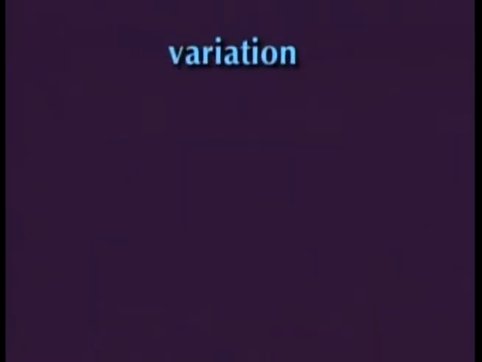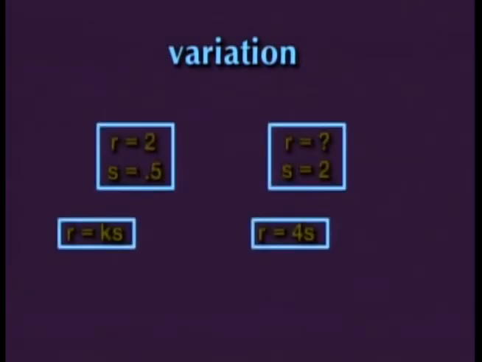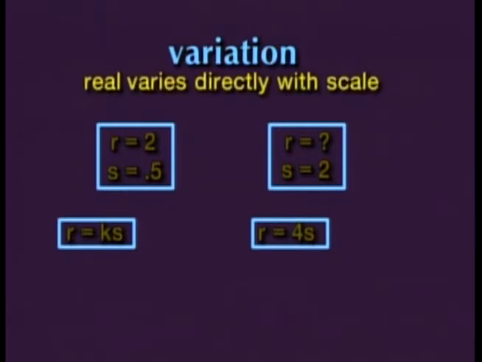Problems like this are called variation problems. When we solve variation problems, we always work with two formulas and two sets of information. First, we write a general formula from the variation statement. In this case, real size varies directly with scale size, so we can write r equals k times s. This general formula can be used for any scale drawing.